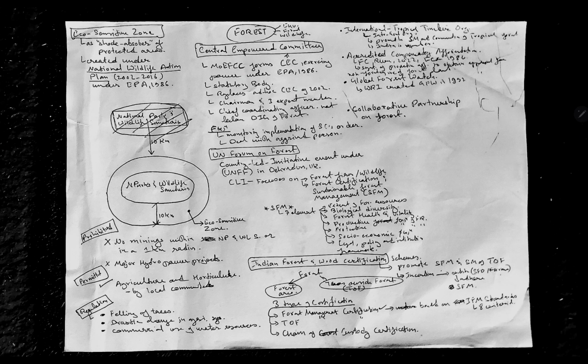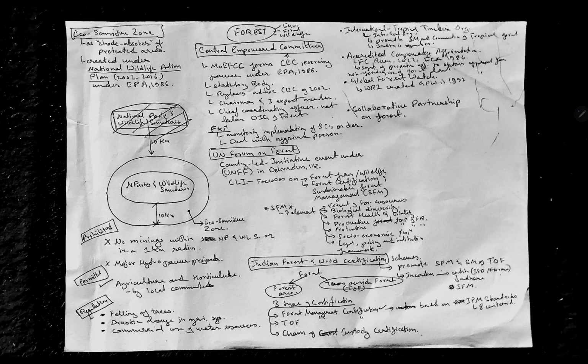CEC is a statutory body, and it replaces the ad hoc CEC of 2022. It consists of a chairman, 3 expert members, and a chief coordinating officer not below the rank of DIG of forest or director of the Government of India.